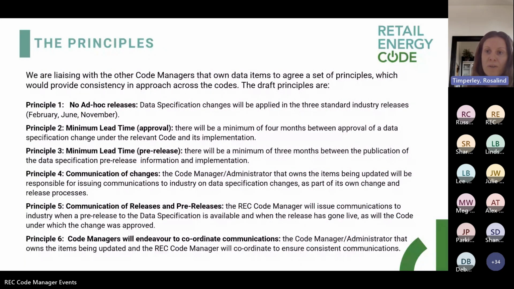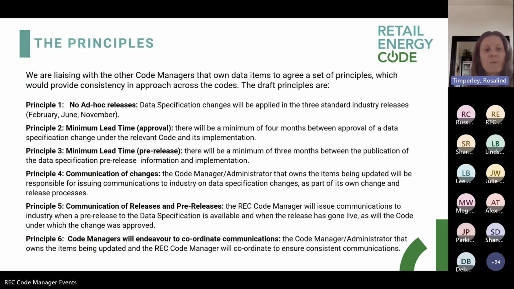And then on our next slide, I'm going to talk about some principles we're looking to introduce. So based on feedback we've been receiving from users of the data specification, we've been discussing with the other codes that own data items some principles, and these are displayed on screen. And the aim is to ensure that no matter which code approves a change to the data specification, there is consistency in approach. So that as data specification users, you have an idea of what to expect.